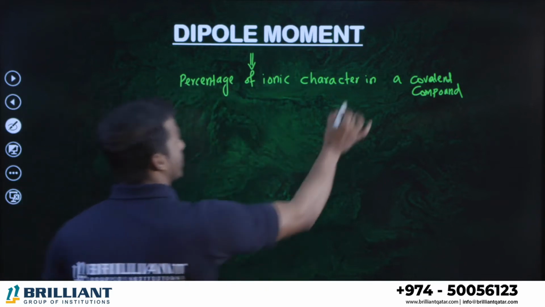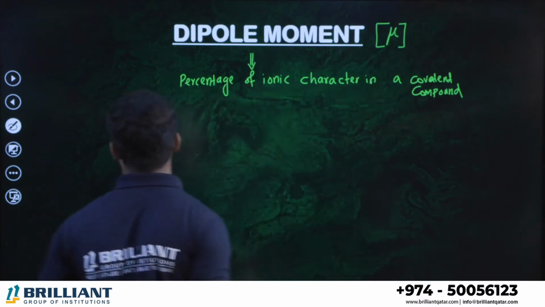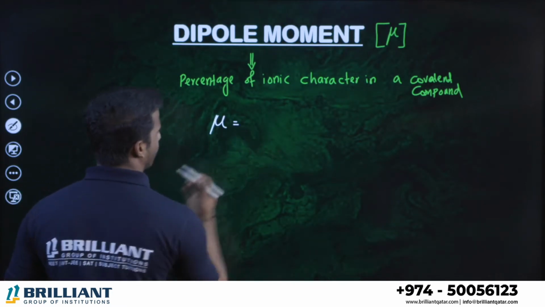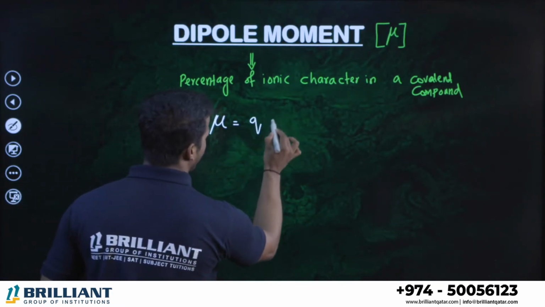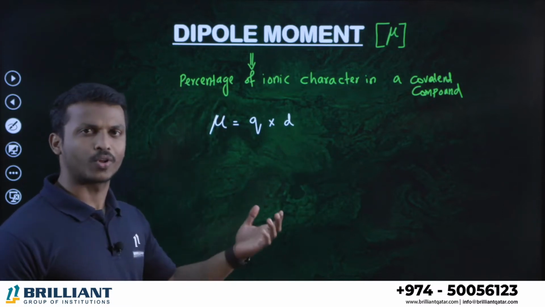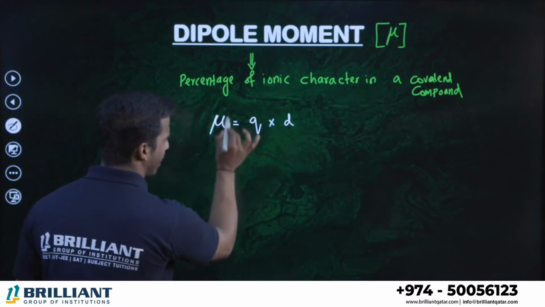Dipole moment is represented by the symbol nu. Dipole moment is calculated by the equation Q into D, or we'll write Q into R. What is Q and what is D? Nu represents dipole moment.